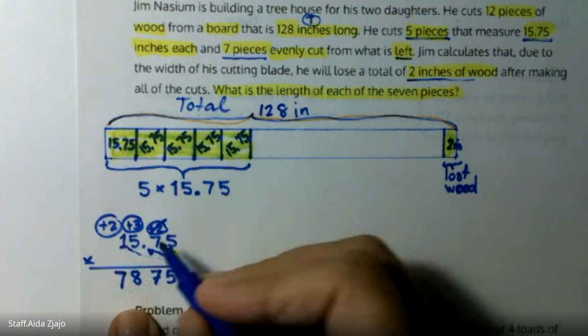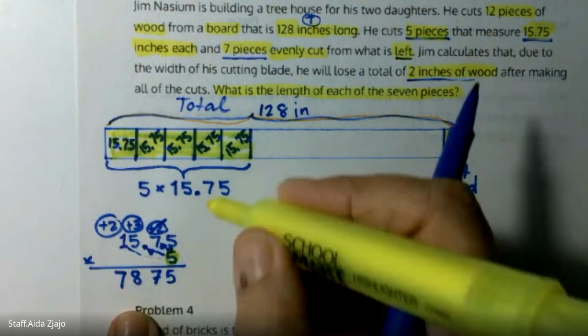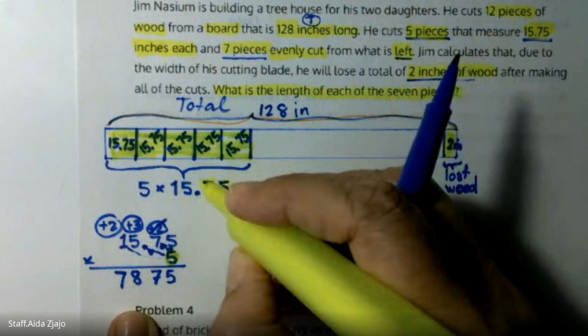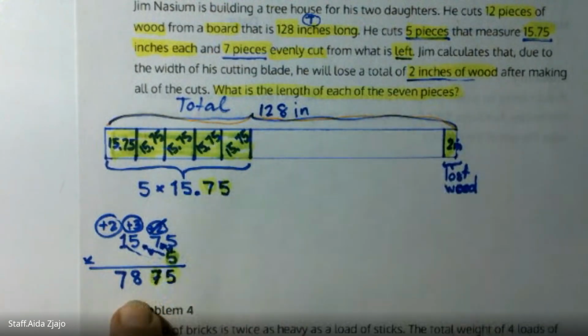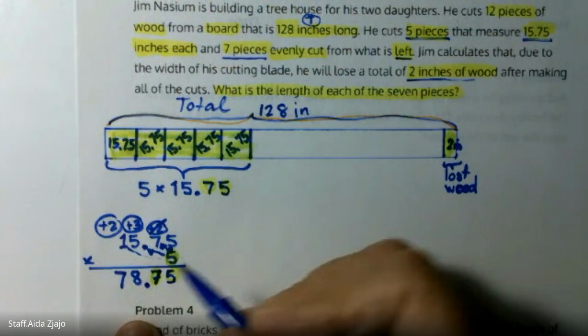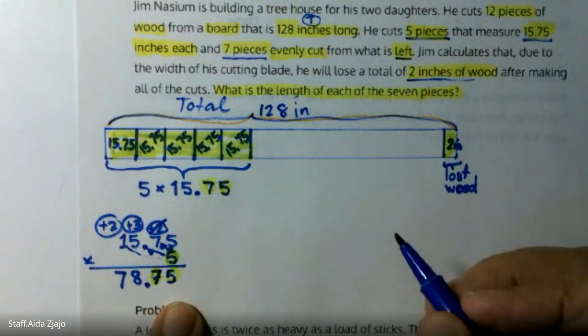So now there are hundredths, so our answer has to also have hundredths, and that will be 78.75 inches.